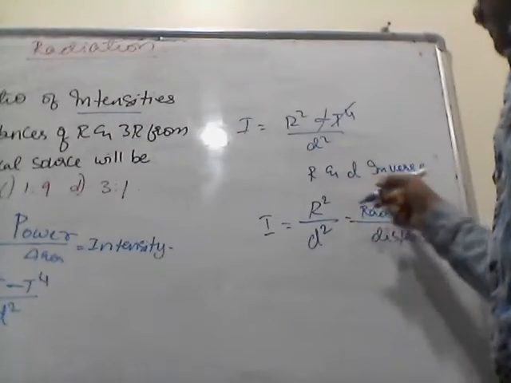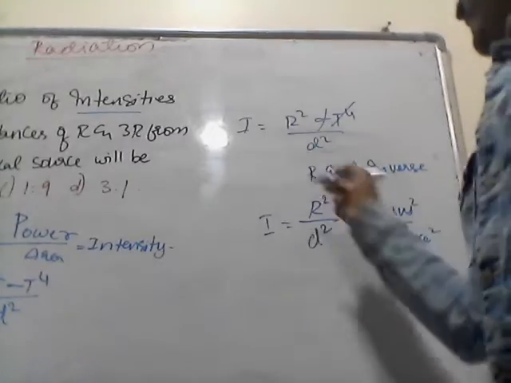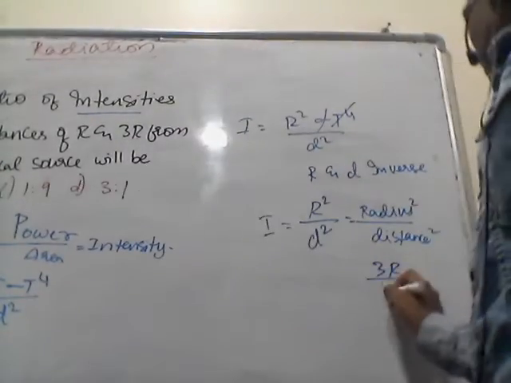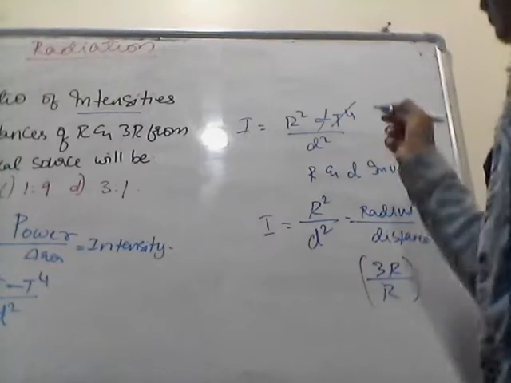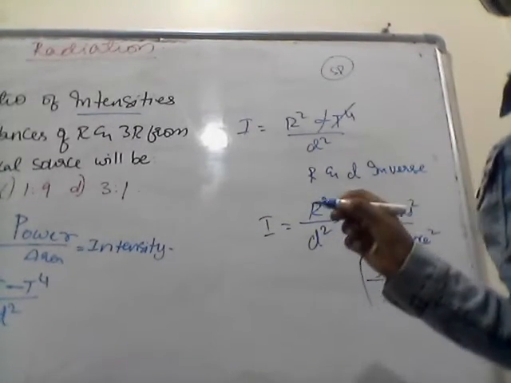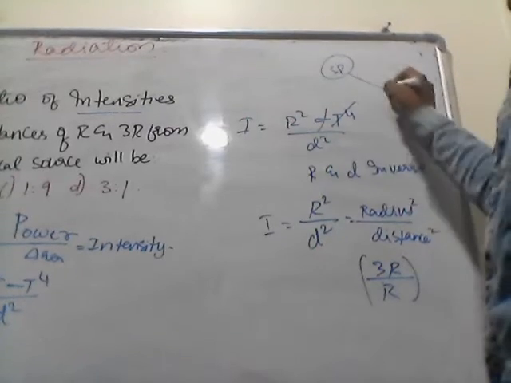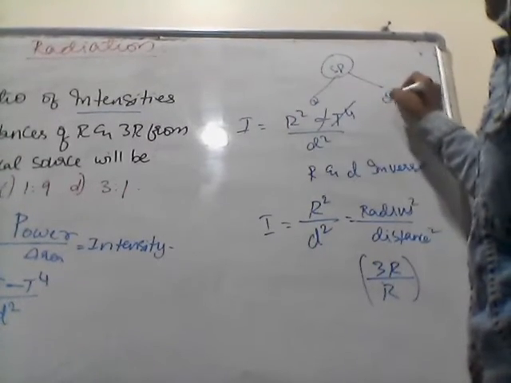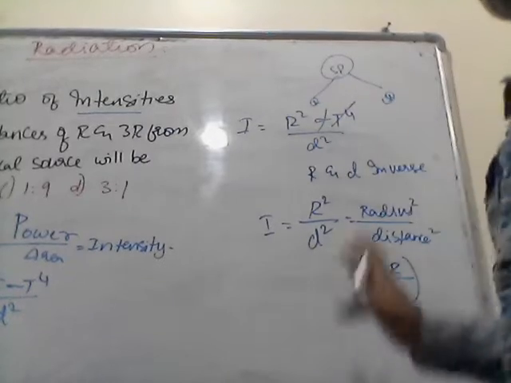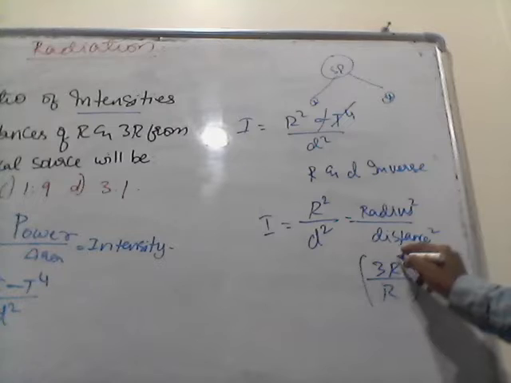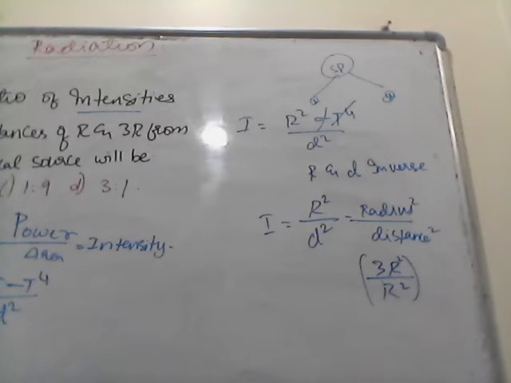So can I say that I am imagining the radius as 3r and the distance as r. The image is like this: a spherical object, and at these distances, r and 3r, two objects are situated.